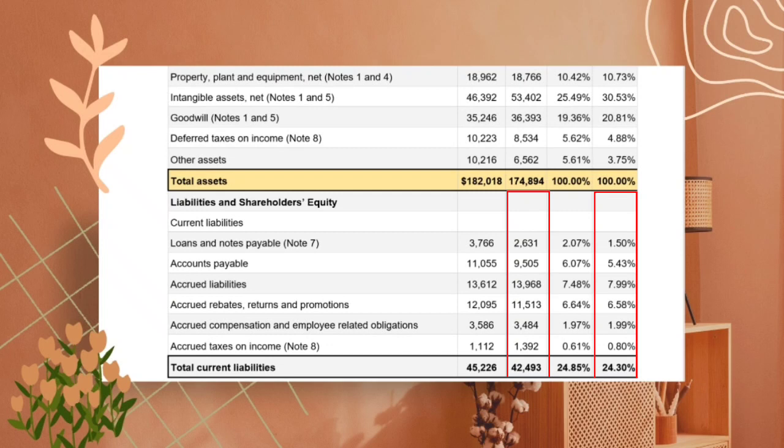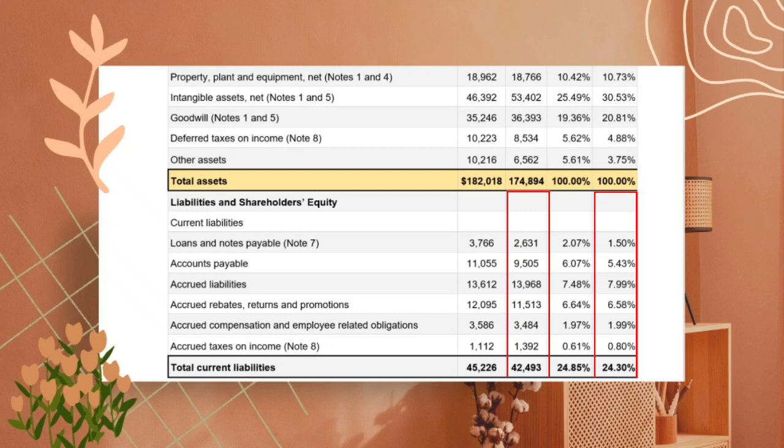Now, let's proceed to liabilities and shareholders' equity, still following the formula of vertical analysis or common size. The formula is the liabilities and shareholders' equity divided by the total assets times 100%. Year 2020, current liabilities.